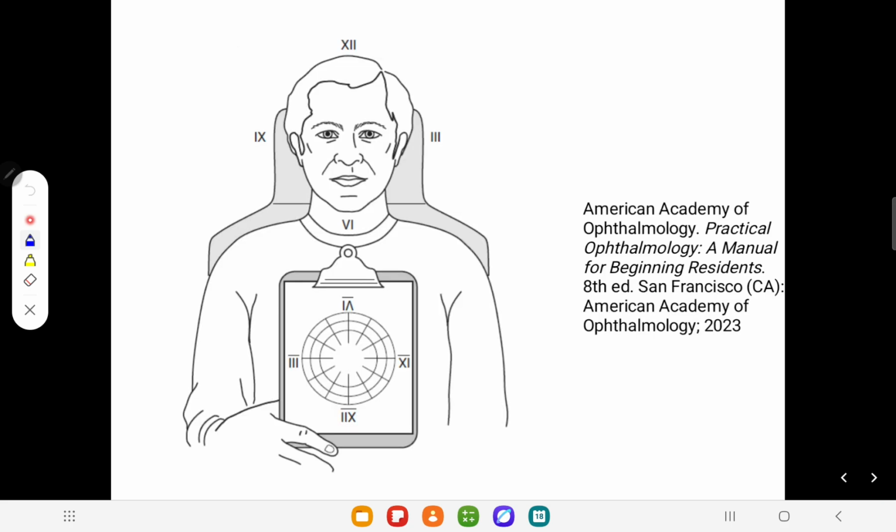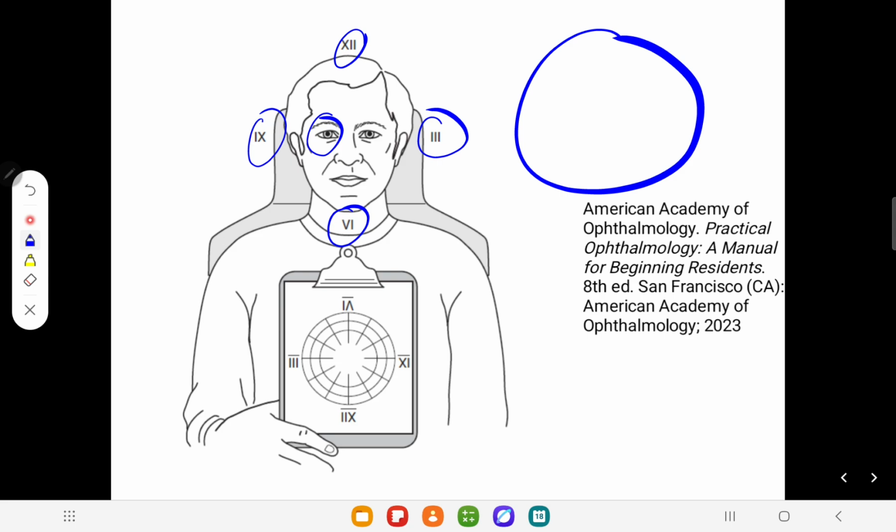See, in our clinical practice, whenever we see a patient with a 20 diopter lens, suppose this is the patient's head, and I examine the right eye. So this is 9 o'clock, 12 o'clock, 3 o'clock, and 6 o'clock. But when we view with this 20 diopter, whatever fundus we are viewing will be inverted. Yes, exactly inverted.